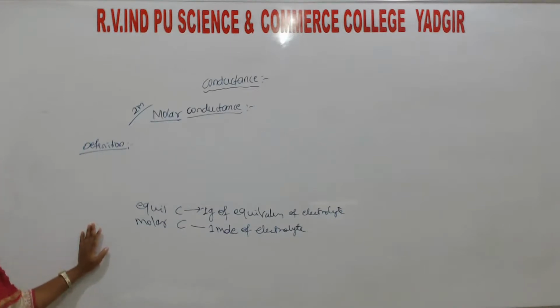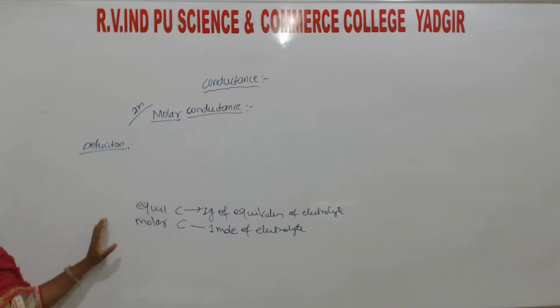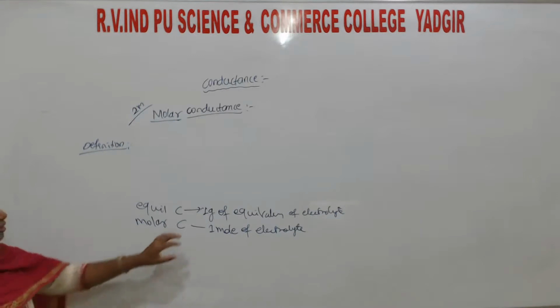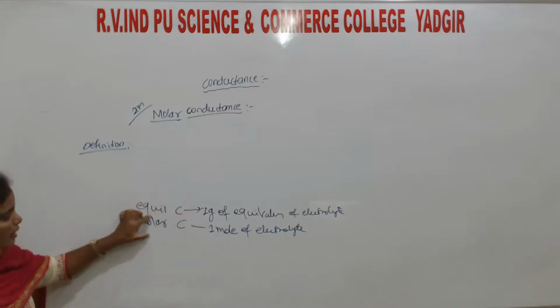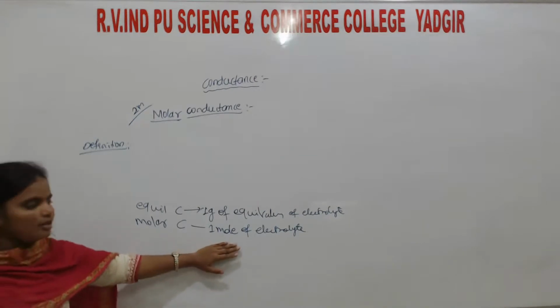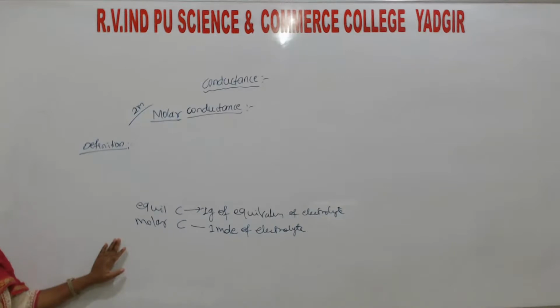In another definition for molar conductance, it can be defined as the conductance due to all the ions produced from 1 mole of the electrolyte at a given concentration.